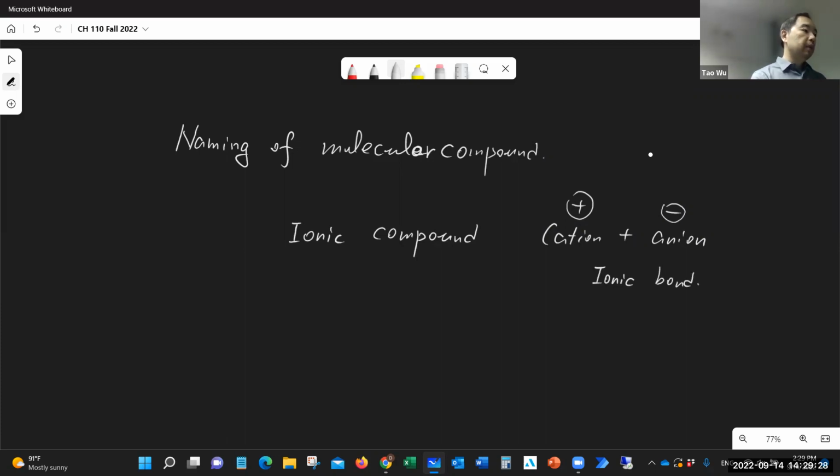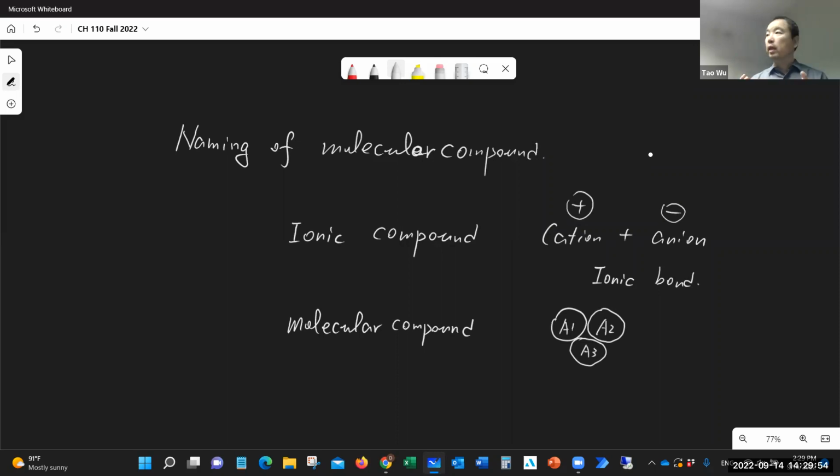But the molecular compounds do not have an ionic bond. The molecular compounds are made by atoms. So they have atom 1 combined with maybe atom 2 or atom 3. Several different atoms combined together, and then they attach by the covalent bond.